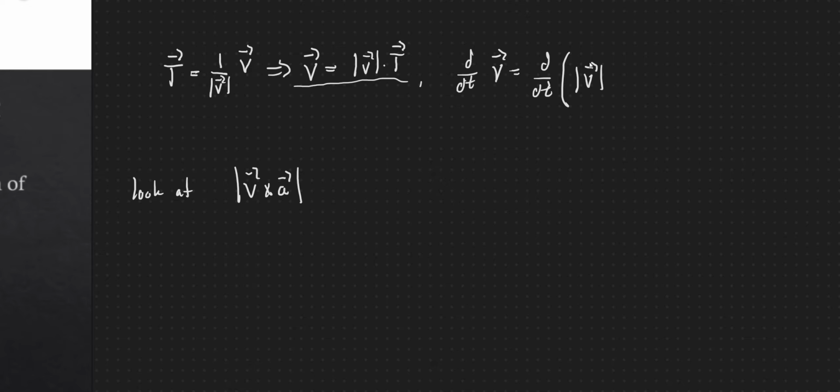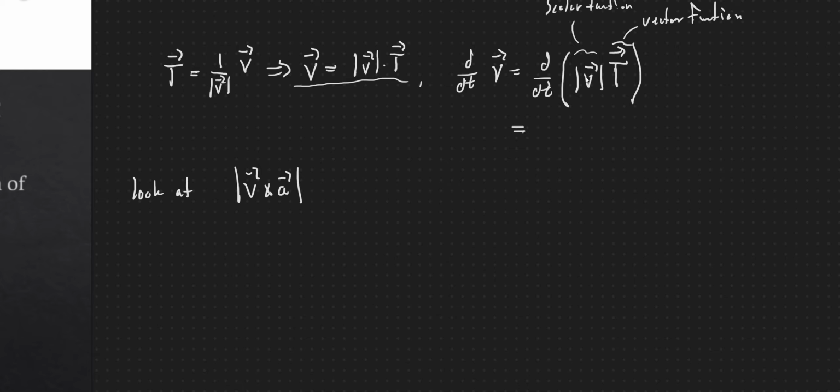Velocity is not a constant. This is a scalar function scaling this unit tangent vector, which is a vector valued function. So we have a scalar valued function multiplying a vector valued function.